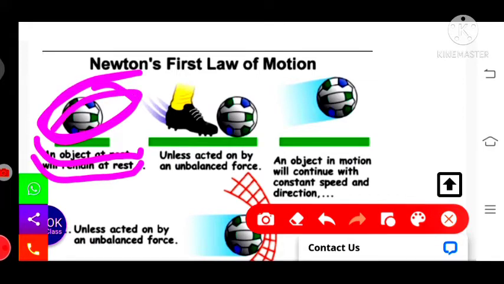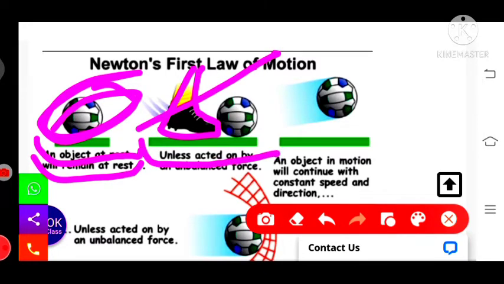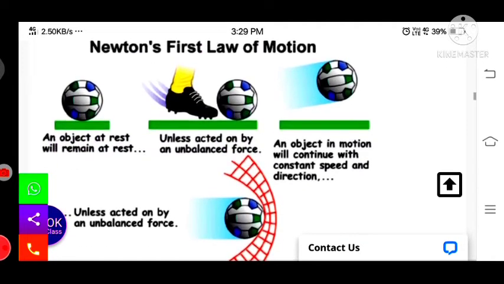It remains at rest, and now a player kicks this ball. The force is applied by the kick, and the ball begins to move. So the object moves continuously with constant speed and direction.